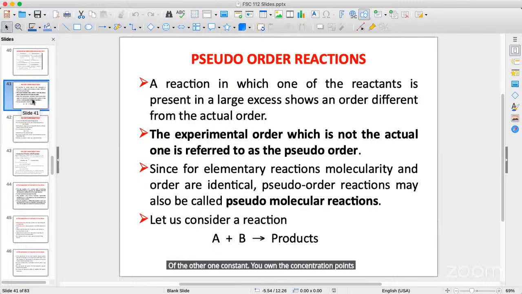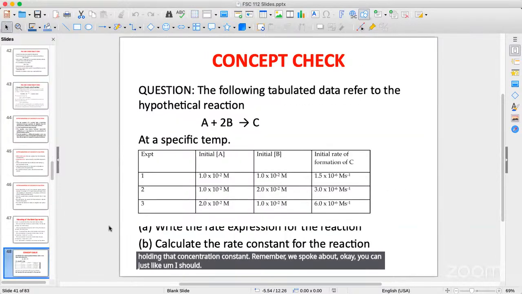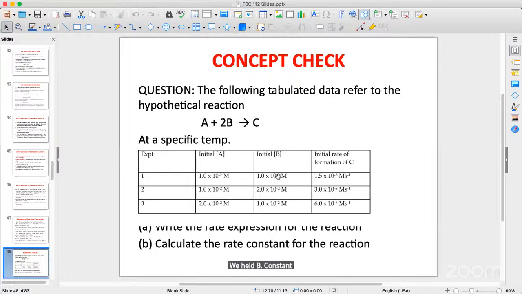And one way of holding that concentration constant, remember we spoke about it, is like we did in this table, where we held B constant because we carried out a series of experiments.